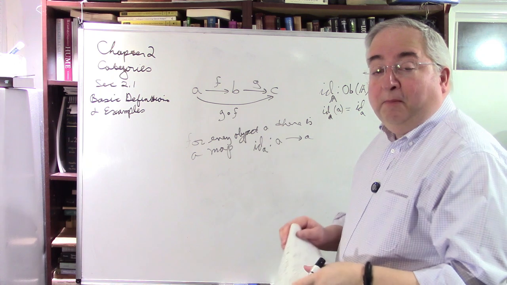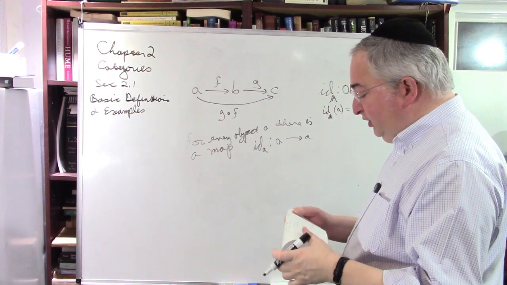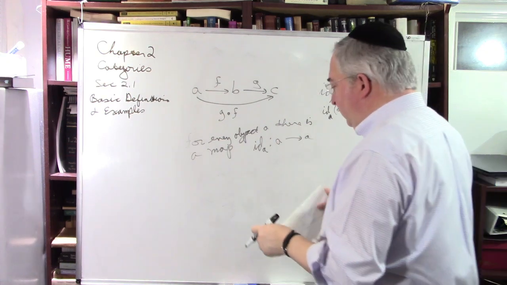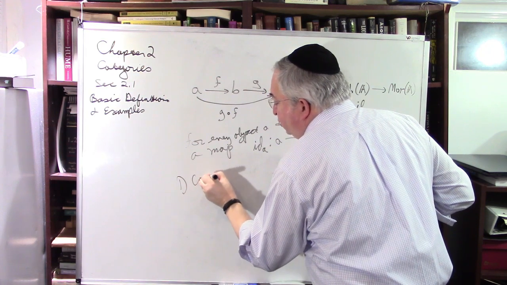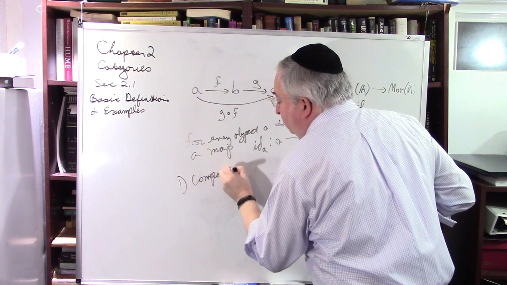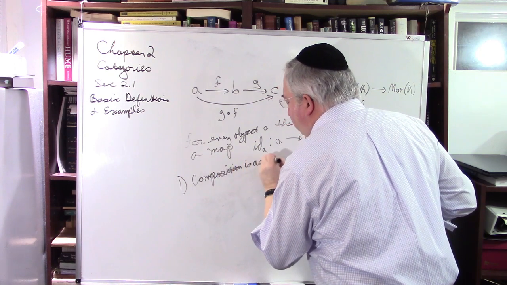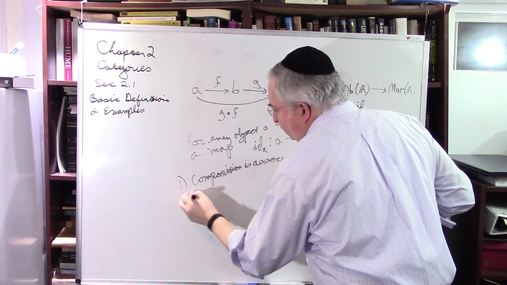These are more functions, the operations that you have to have, and they have to satisfy two requirements. What are the two requirements? Composition is associative, and the unit laws.